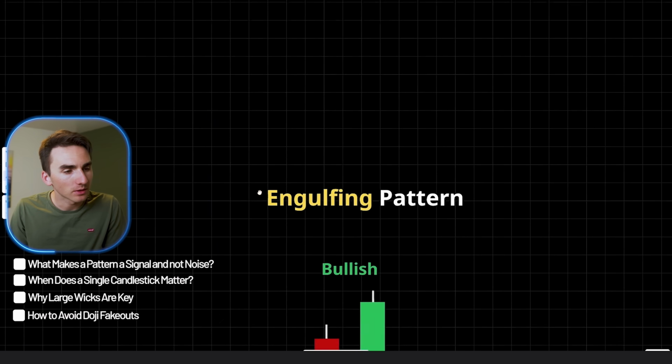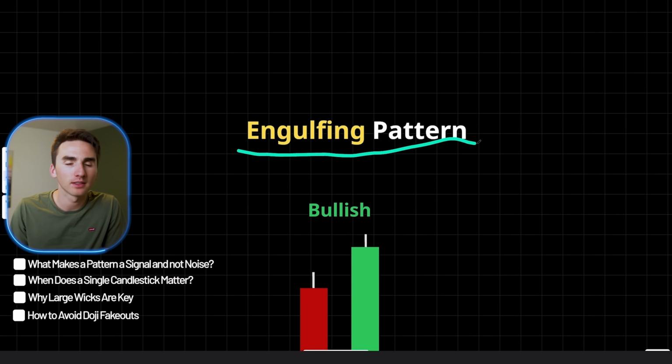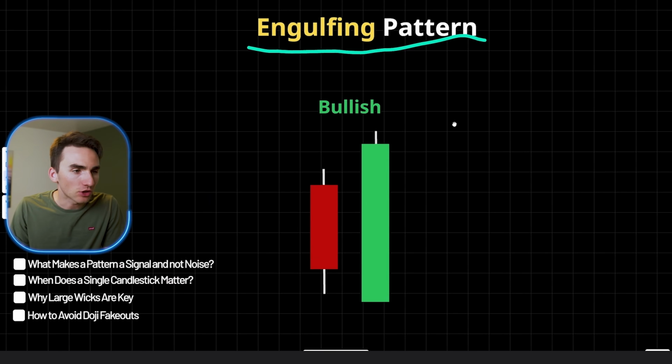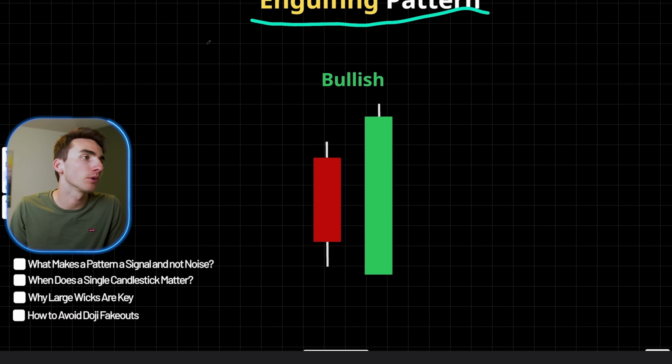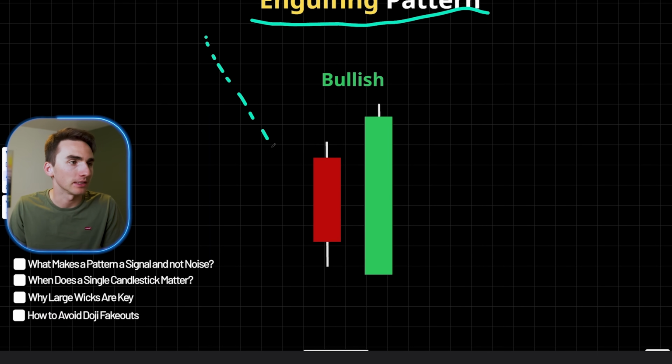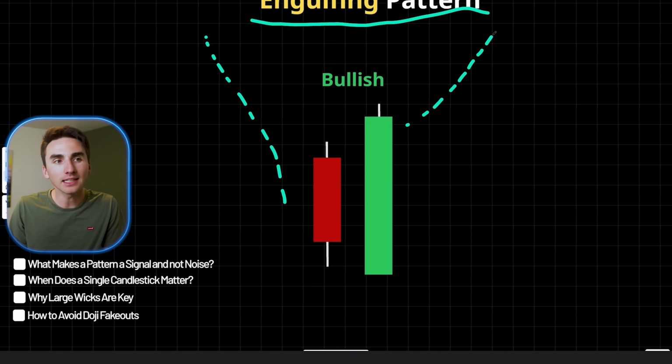Now, the first one of these candlestick patterns is called the engulfing candlestick pattern. It's just a 2 candlestick pattern, but what it signifies is a reversal pattern where the chart is coming down, and if you see this pattern, it's likely that the price reverses to the upside.